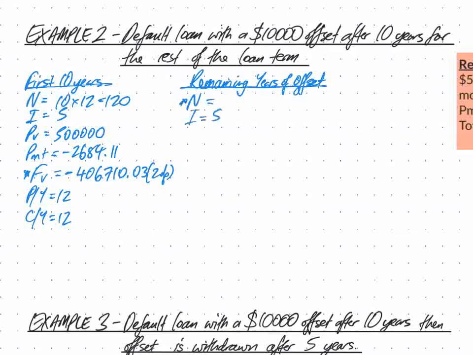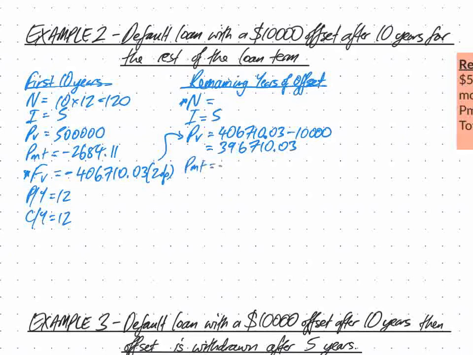The interest rate is still 5. My remaining debt is what we have from here, $406,710.03, but it's being reduced by 10 grand for the remainder of the loan term. So it's going to be 396,710.03 that I'm paying off for the remainder of the loan term.